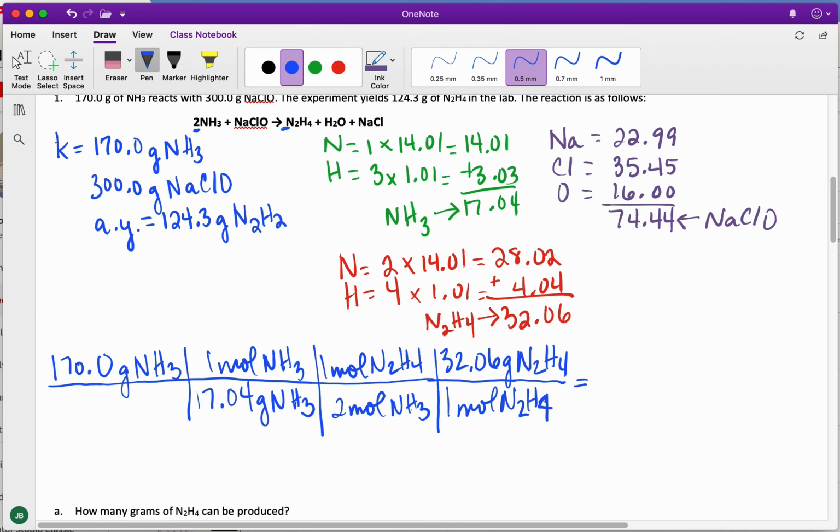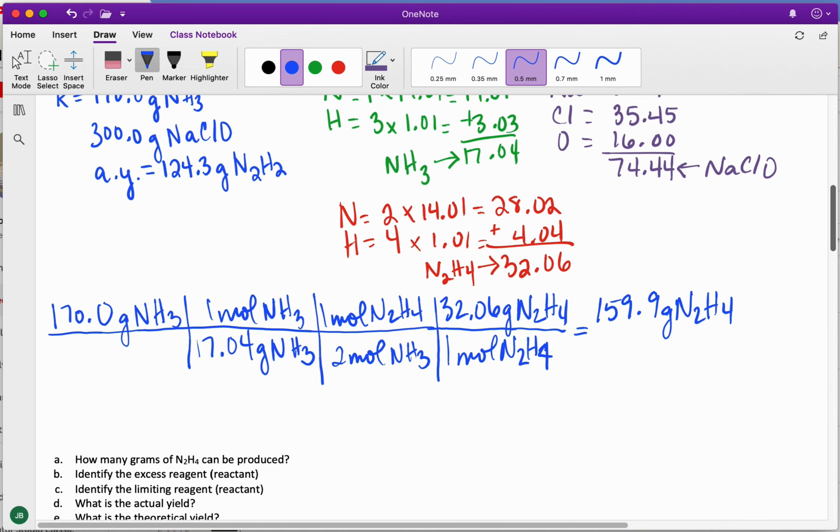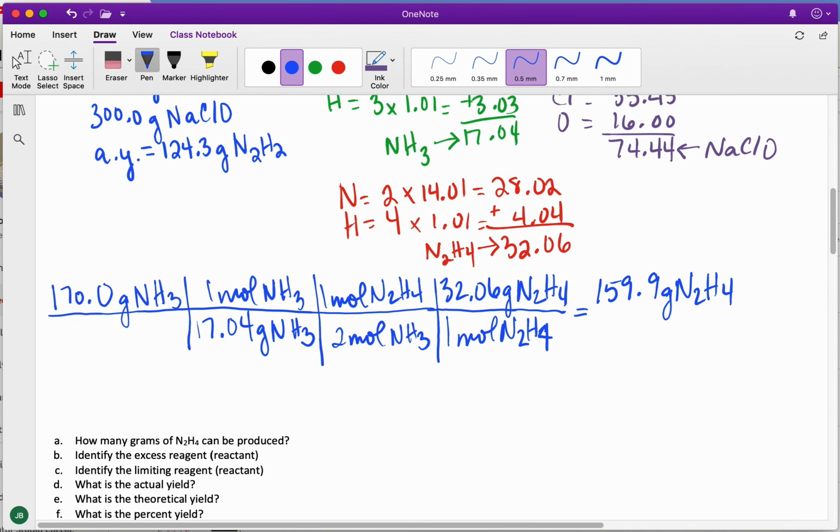All right, and we're going to punch and crunch, and we are going to come up with 159.9 grams of N2H4. All right, well, that was fun, and we get to do it all over again.